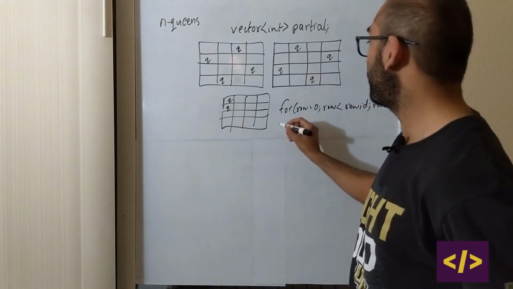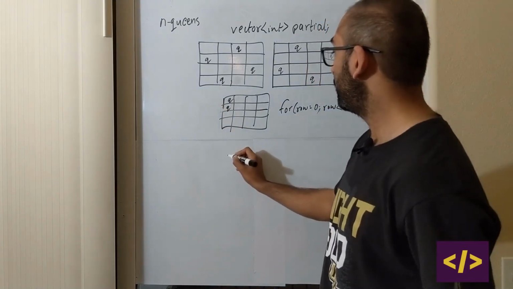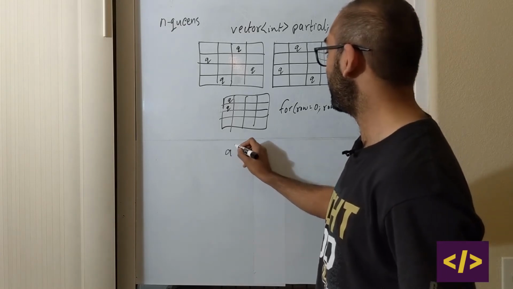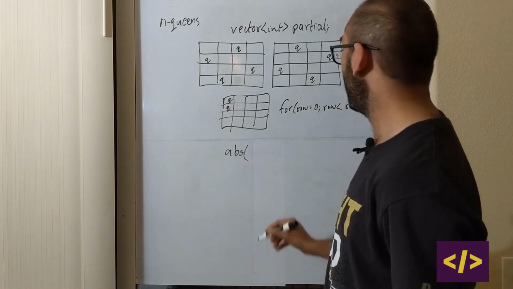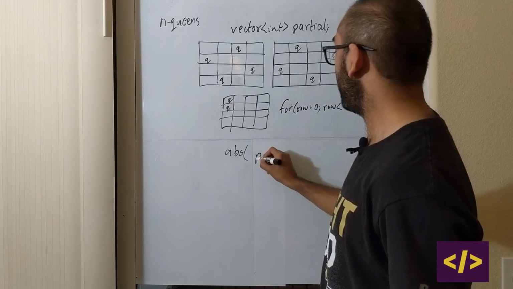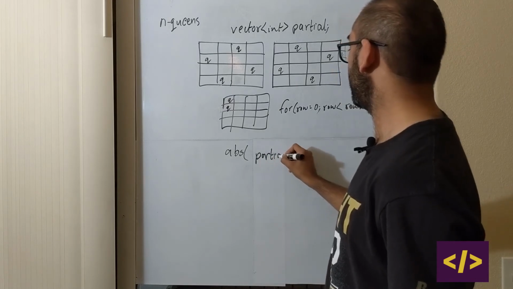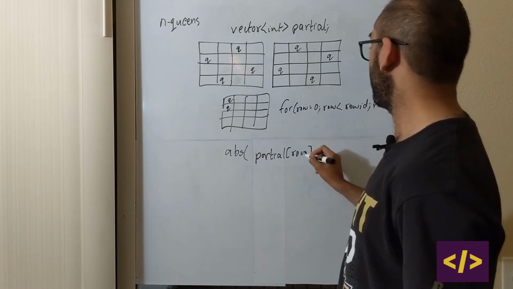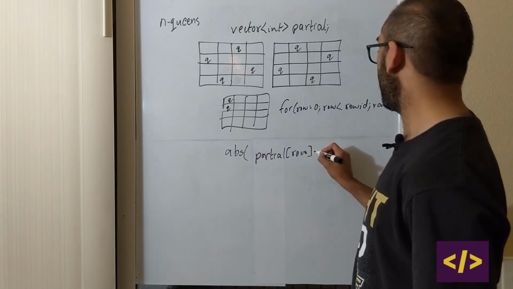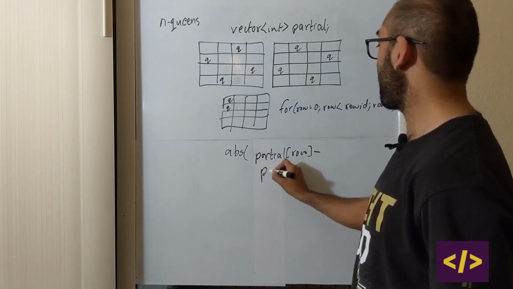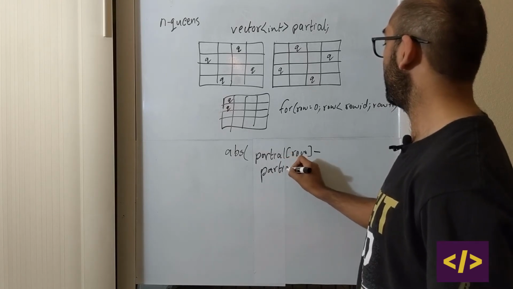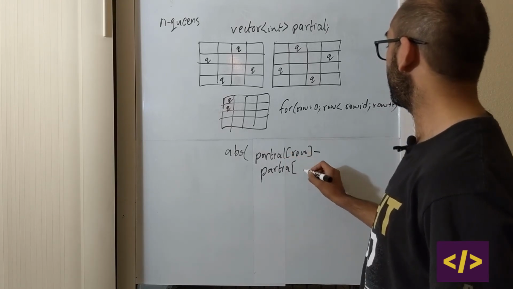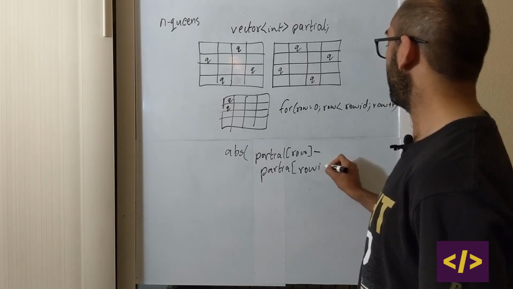So what we're going to check for is this: we're going to find the absolute value of partial of row value and partial of row ID.